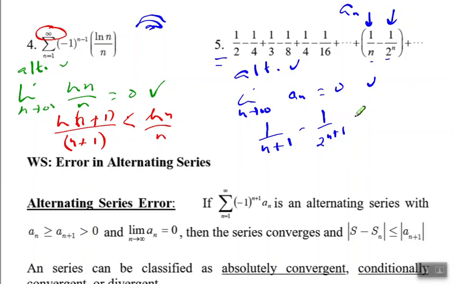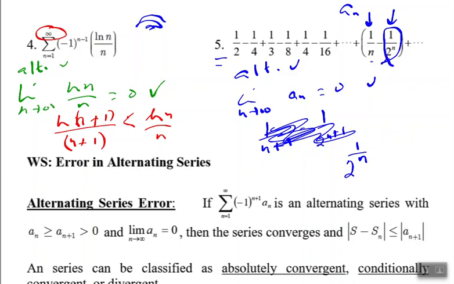Is that decreasing? Nope. So this thing is not decreasing in value because of the next term that we have. We'll actually do it like this, 1 over 2 to the power of n.